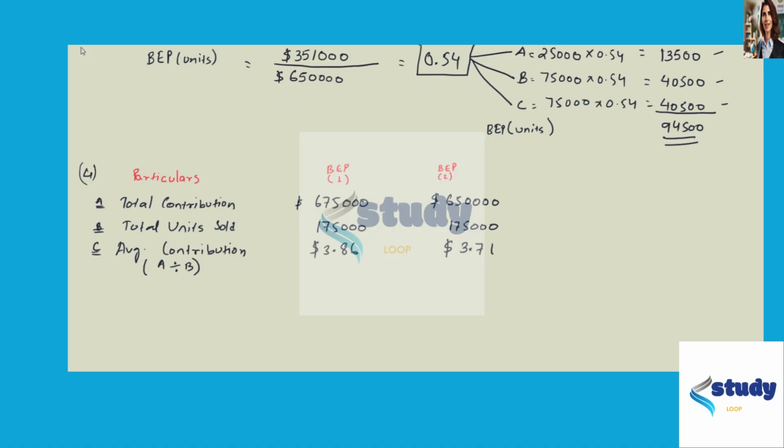Okay, this is the average contribution. And break even point in both the options, we were having 91,000 units needed to be sold to reach break even in the first sales mix option, and in the second one we were having 94,500 units to be sold in order to reach break even point.